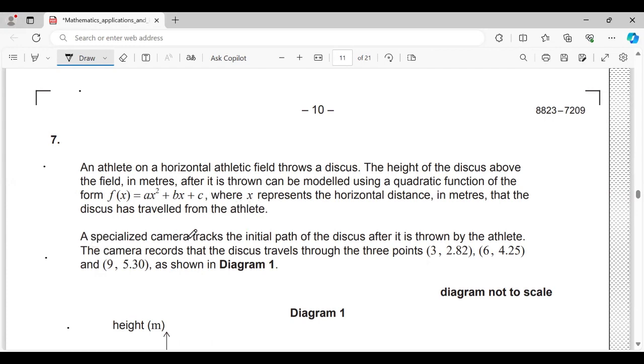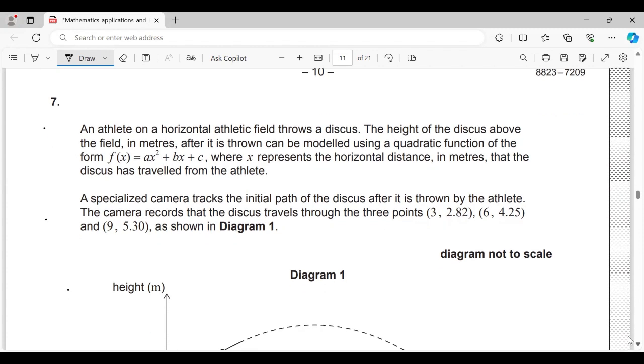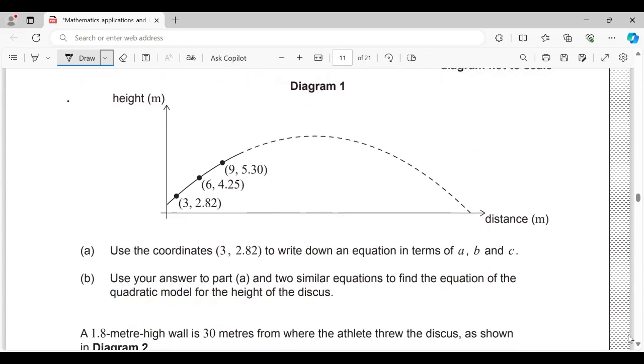A specialized camera tracks the initial path of the discus after it is thrown. The camera records that the discus travels through the 3 coordinate points (3, 2.82), (6, 4.25), and (9, 5.30), as shown in diagram 1.